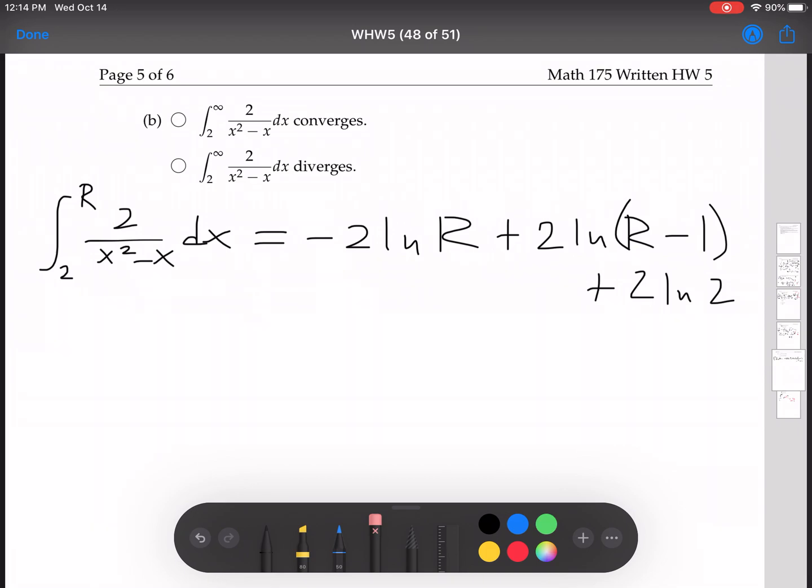All right, now I think dealing with this is going to take a little bit of effort. Using some rules of logarithms, now the issue here is that when you take the limit as r approaches infinity, you get infinity plus 2 ln 2.